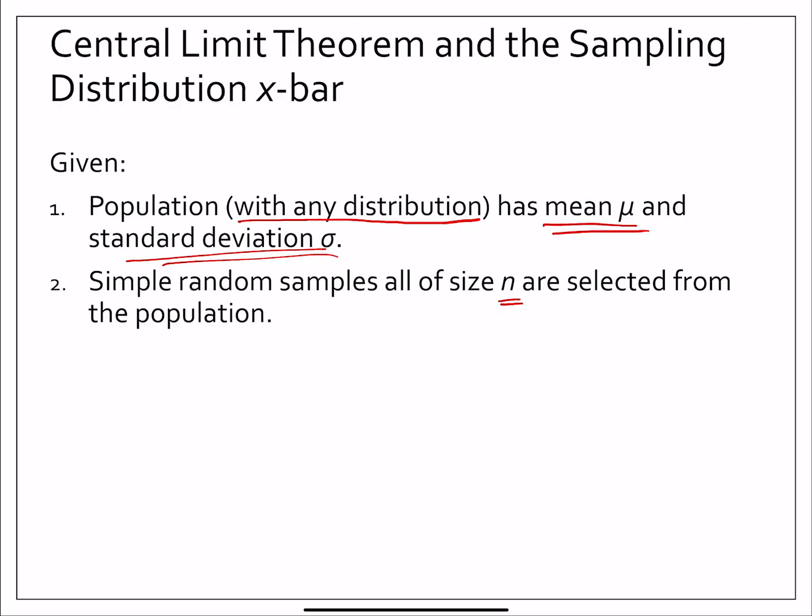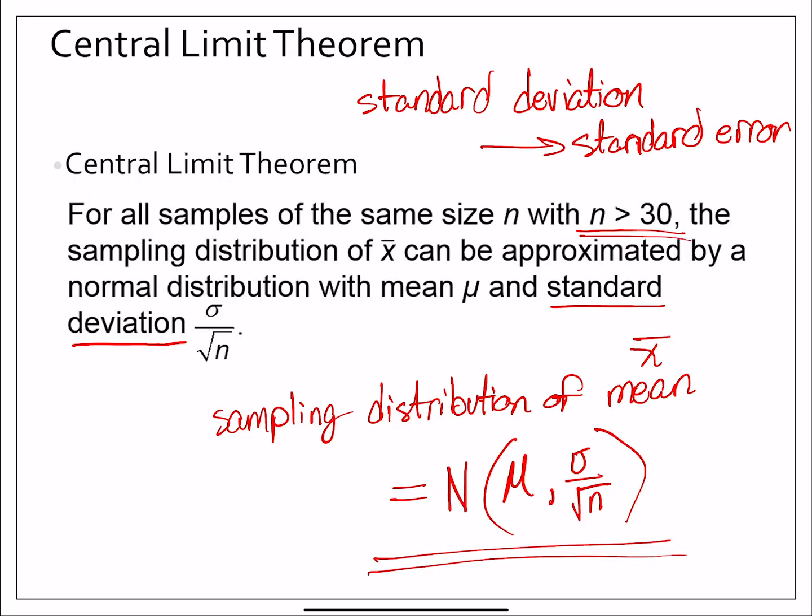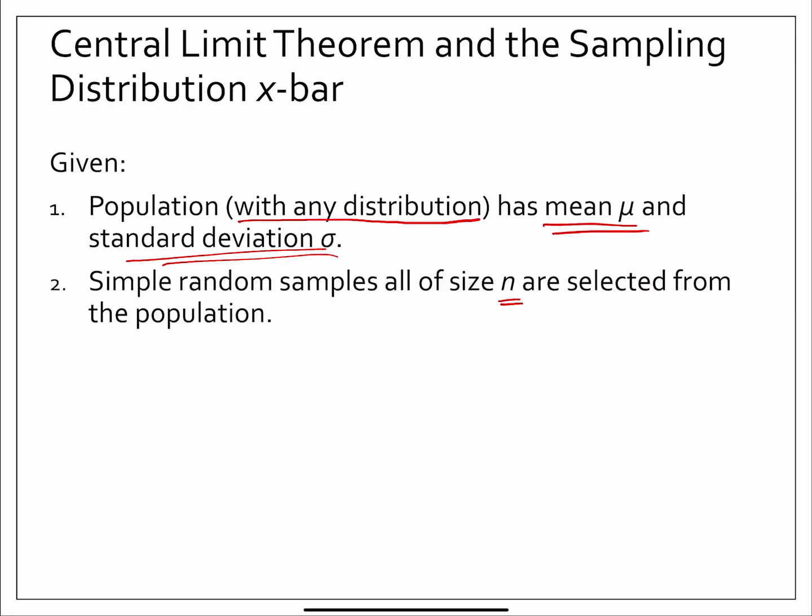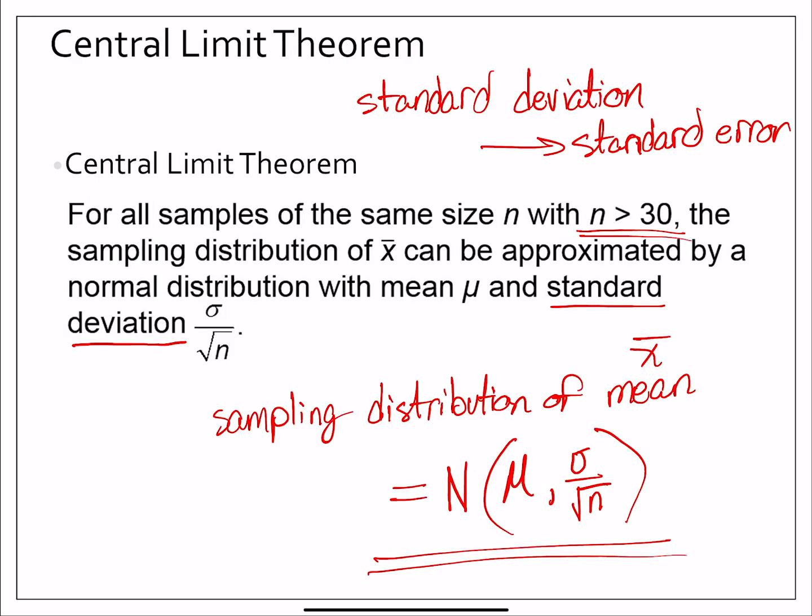And again, what we can do is approximate it as a normal distribution. So we're taking another distribution and approximating it as a what? A normal distribution.